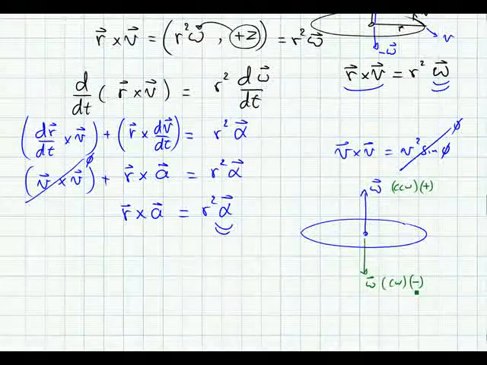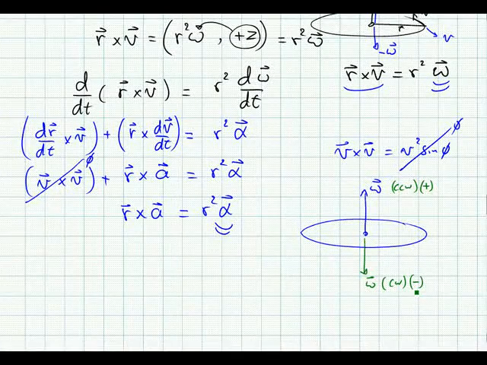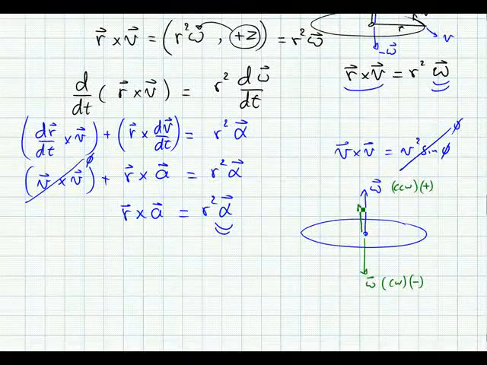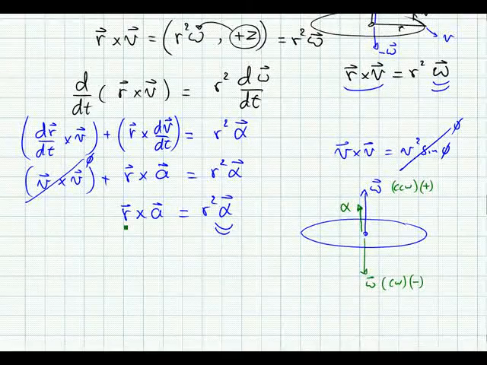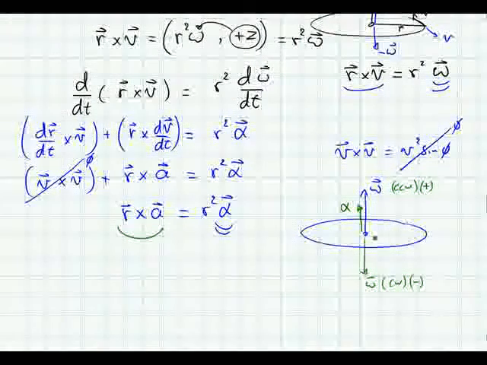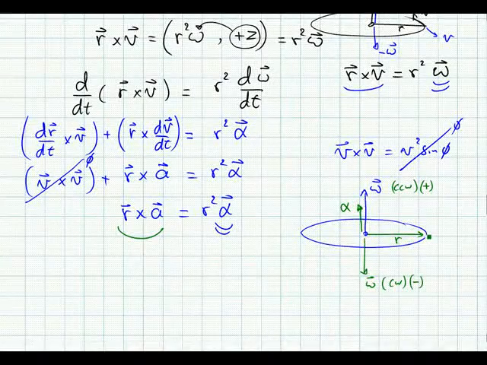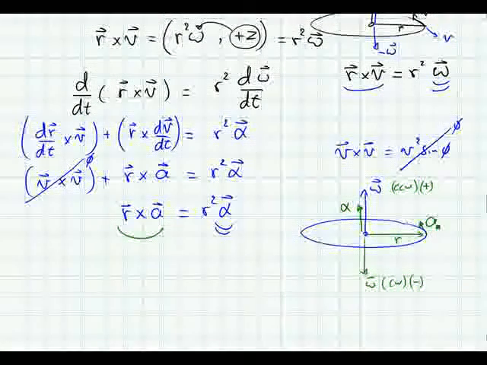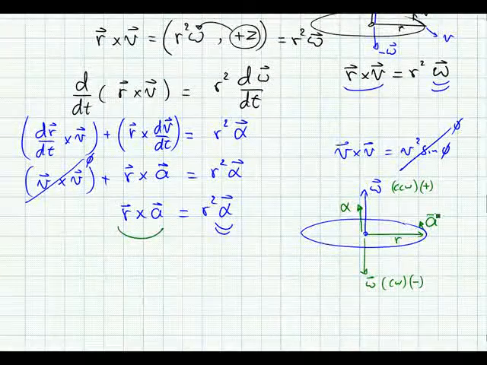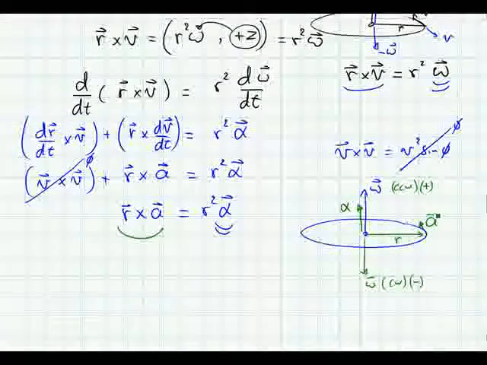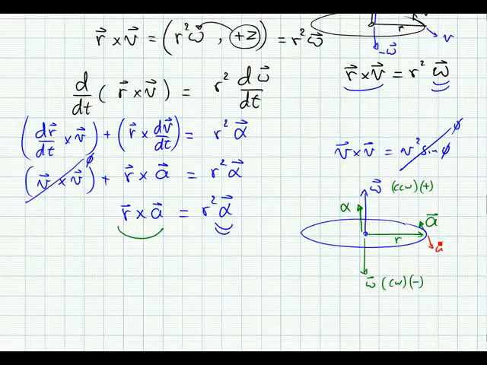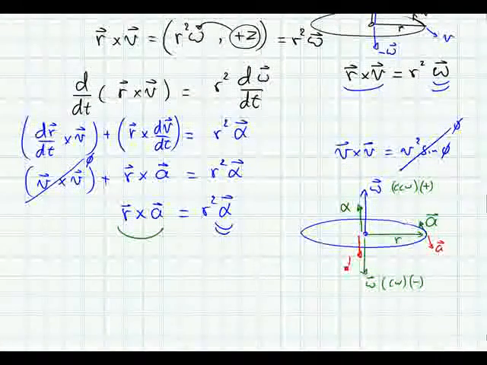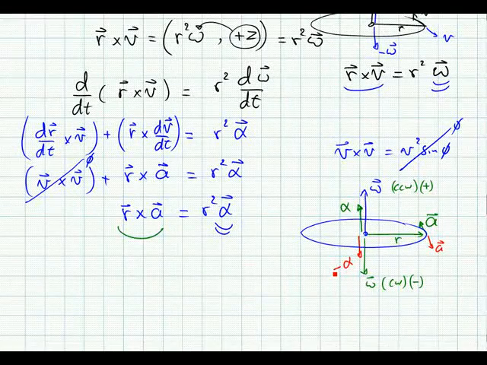So if the disk is rotating with a positive omega and is speeding up, then our alpha is also out of the page, because alpha is determined by the cross product of r and a, this being our moment vector, and if it has a tangential acceleration a in the counterclockwise direction, alpha is out of the page, and if a is in the clockwise direction, then alpha would be in the negative direction.